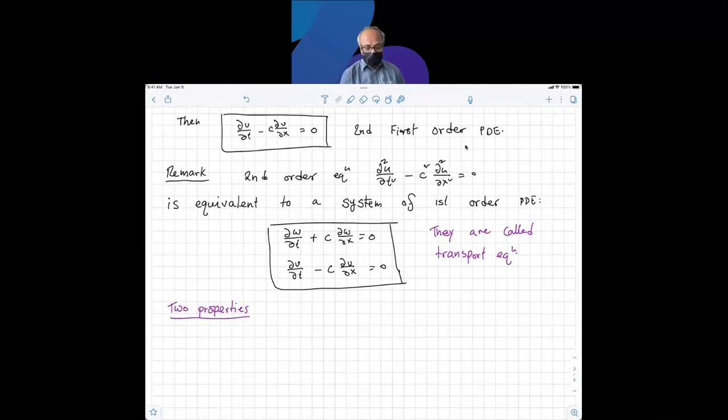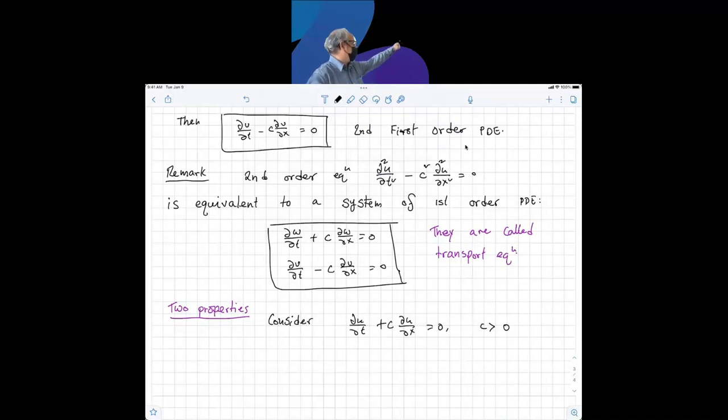Let's consider the first equation. And we see C is positive. So the first equation was dw dt plus c dw dx.